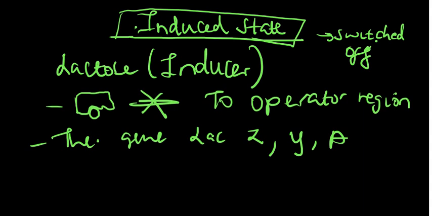Why is it switched off? It's because lactose, which is the inducer, when it is present, can bind on the repressor molecule, and hence the repressor molecule will not bind on the operator region, so gene expression will not occur.